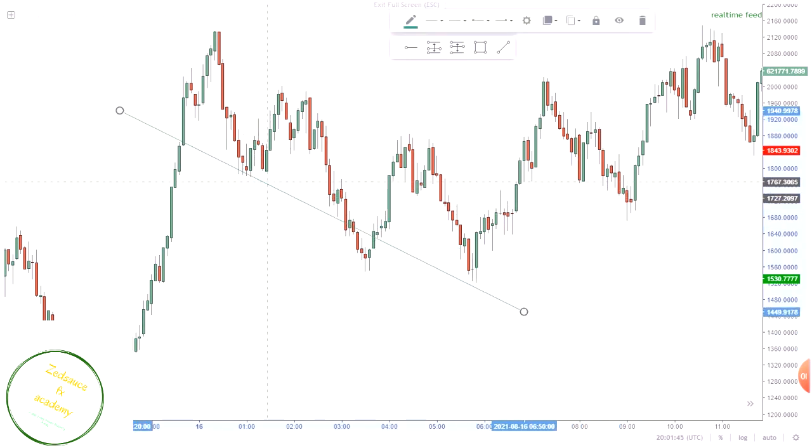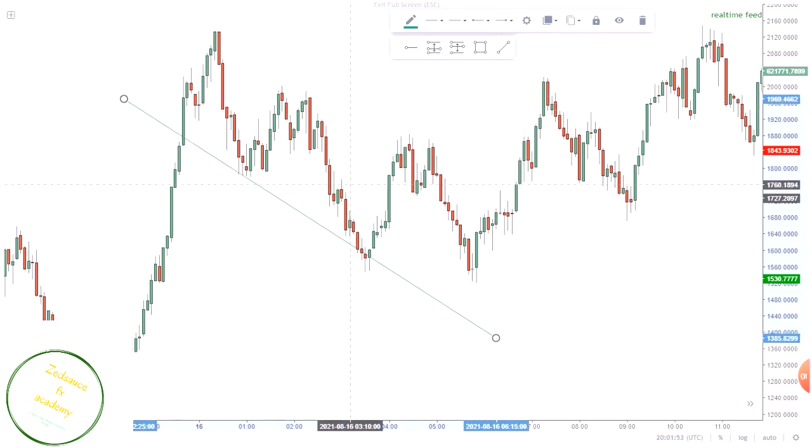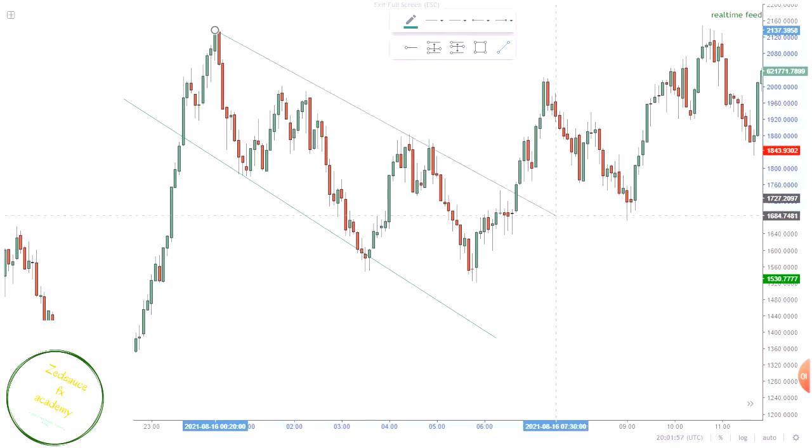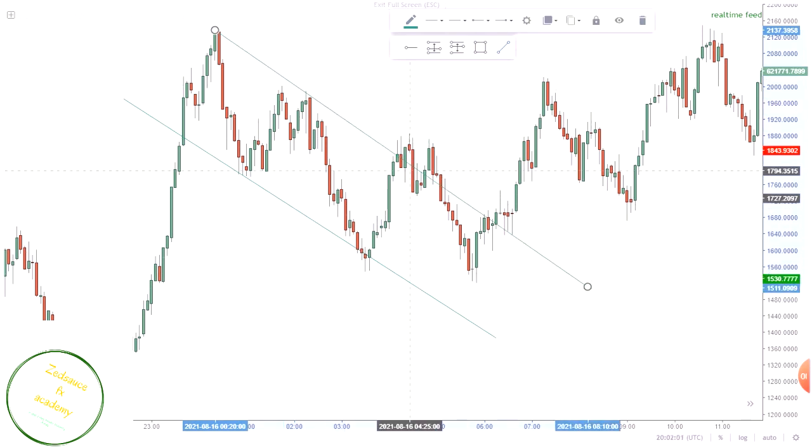Something like this, but most likely we could have put it there because first touch, second touch, somewhere there, another line. Let's see, we could have put it there. Third touch, weak rejection, could have entered there.